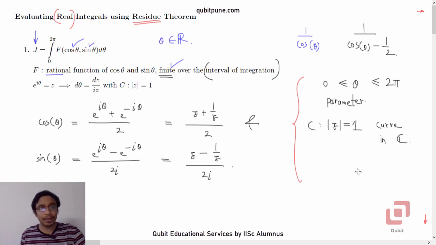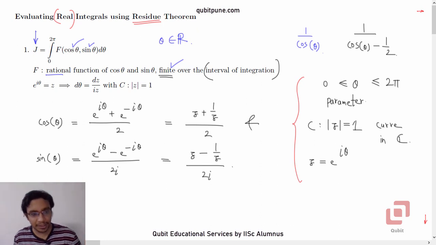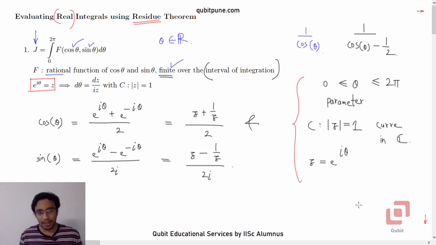Now this means we can substitute z as r e to the power i theta, but because it is a unit circle, we can just say that z is e to the power i theta. This substitution is by far the most important substitution in any of these problems. Once you substitute this and take the derivative of both sides with respect to z, the right hand side will have derivative 1.